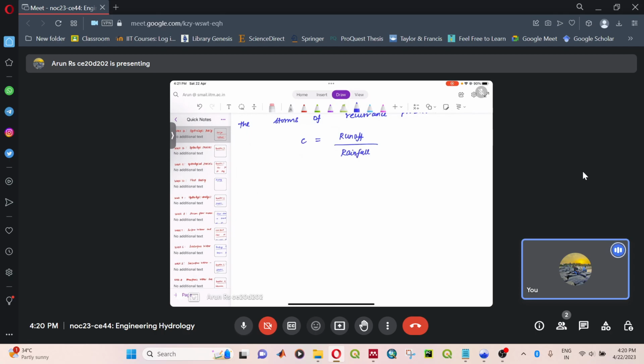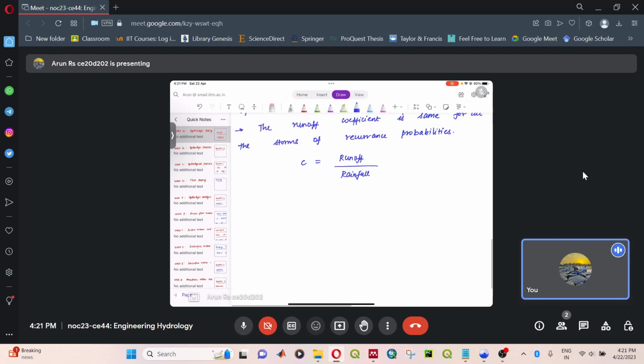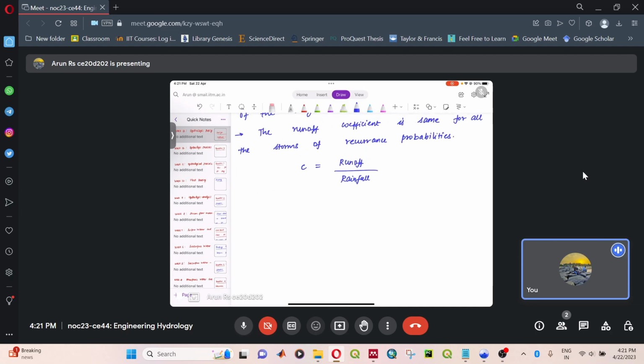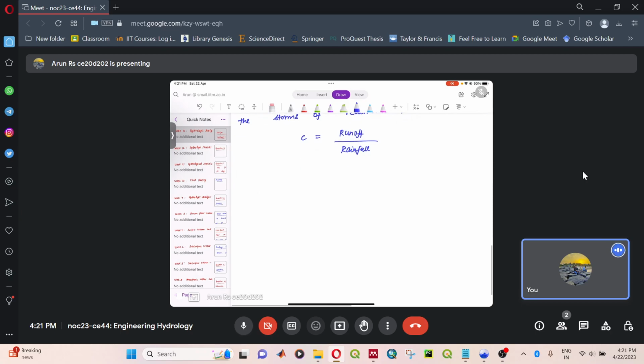So how much fraction of rainfall is being converted into runoff? That is the ratio. And the generation of runoff is dependent on many factors, which we have studied in the infiltration module and the surface runoff module. And typically the runoff coefficient need not be same for all the storms of different return periods. It can vary, and in this method we are considering that to be the same for all the storm events.